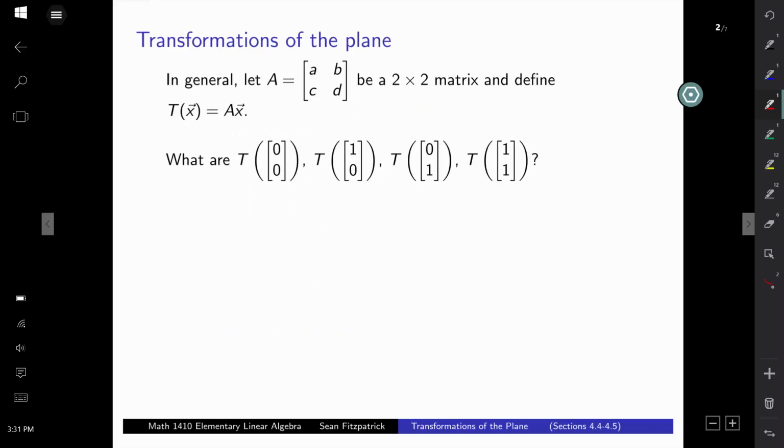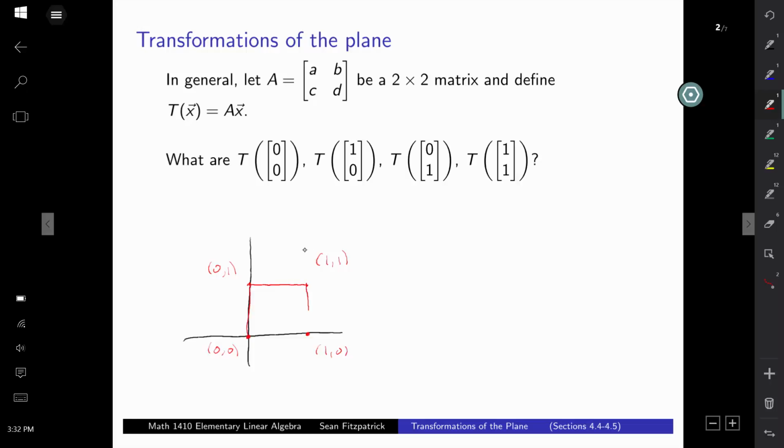Now, to get us started, let's think about a general 2 by 2 matrix A, with entries a, b, c, d, define our matrix transformation in terms of A, and let's think about what happens to these four vectors under this transformation. You may be wondering, why do we care about those four vectors? Well, those four vectors represent the four corners of the so-called unit square: 0, 0, 1, 0, 0, 1, 1, 1.